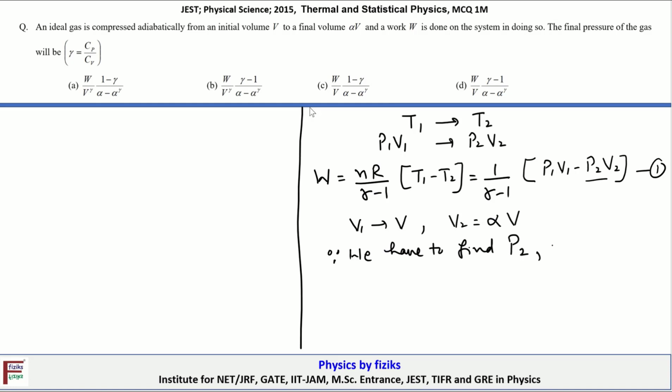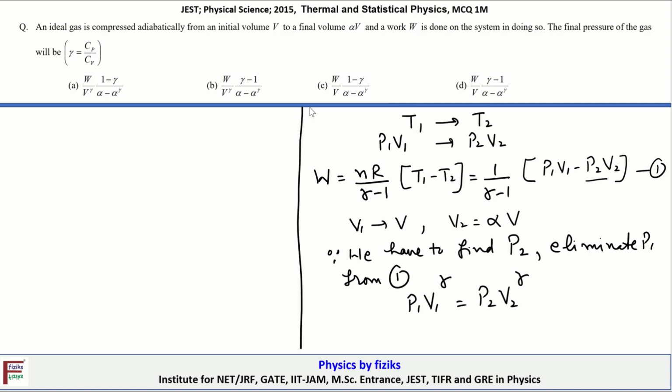So, eliminate P1 from equation 1, and this we can do with the help of the adiabatic relationship, P1 V1 power gamma is equal to P2 V2 power gamma.